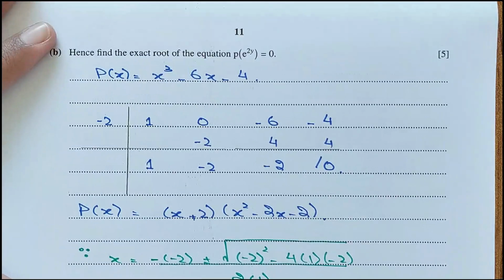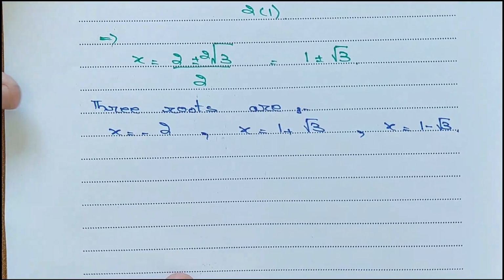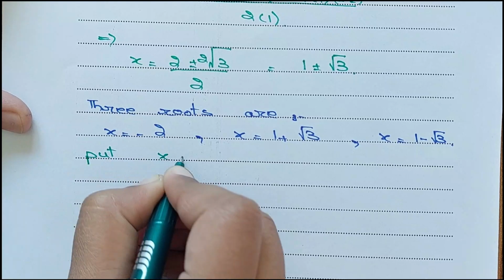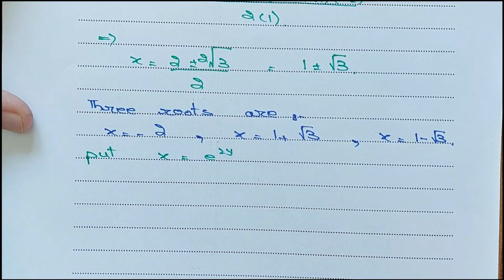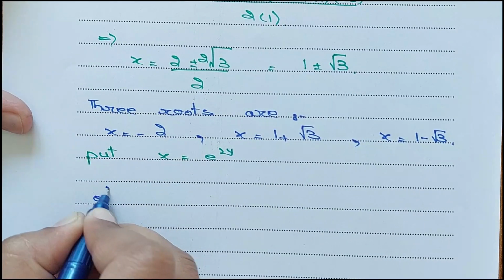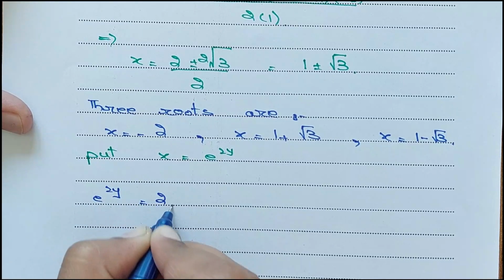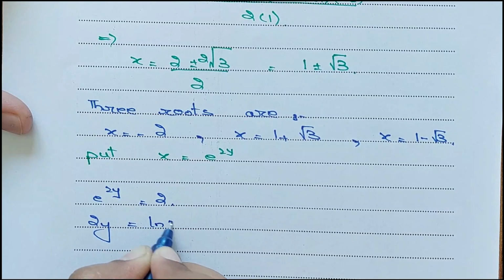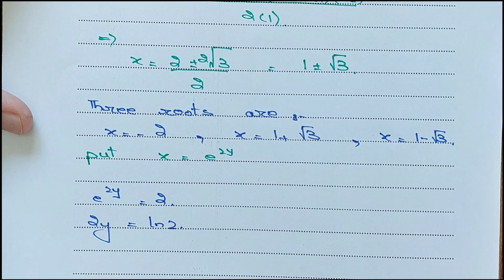So replacing x with e power 2y, right? Put x is equals to e power 2y. So we can say e power 2y, this would be equals to 2, right? So 2y would be equals to ln of 2, and taking ln on both sides, y would be equals to 1 by 2 ln of 2, right?